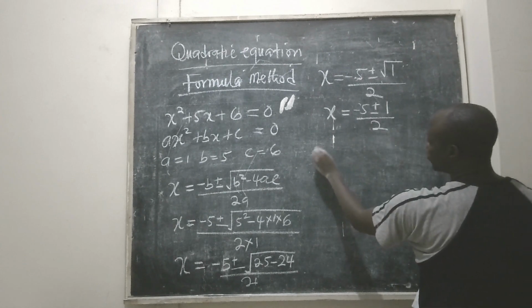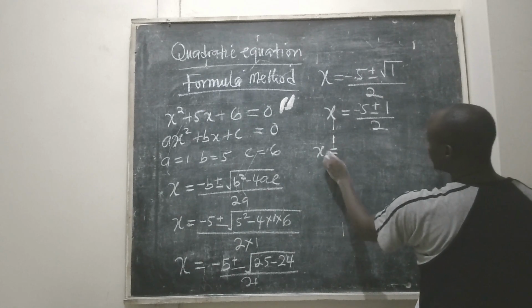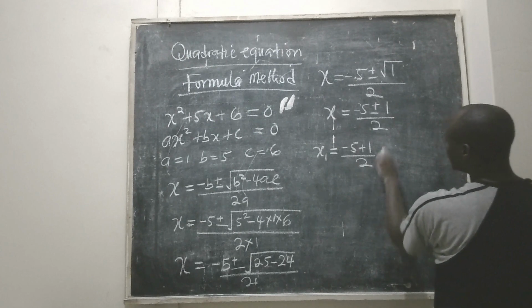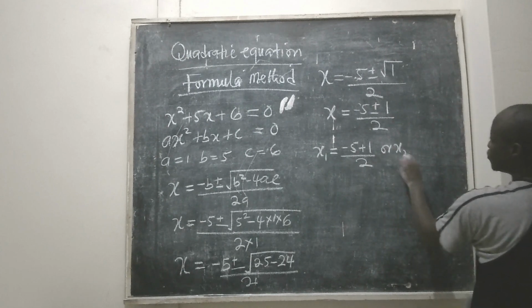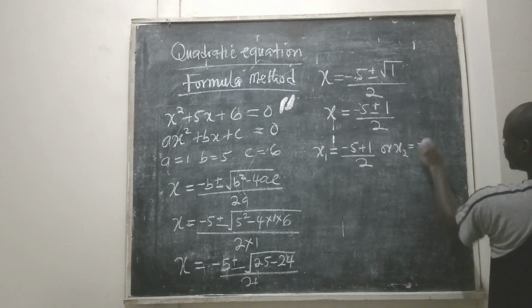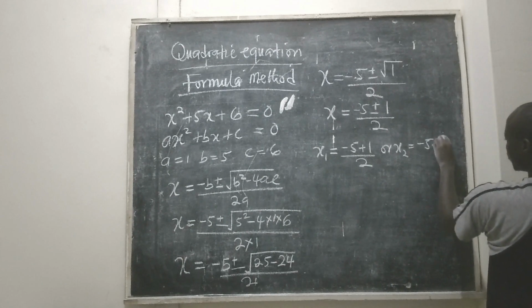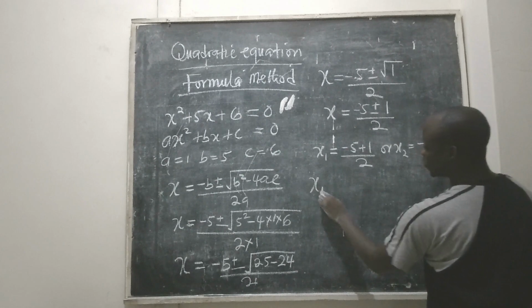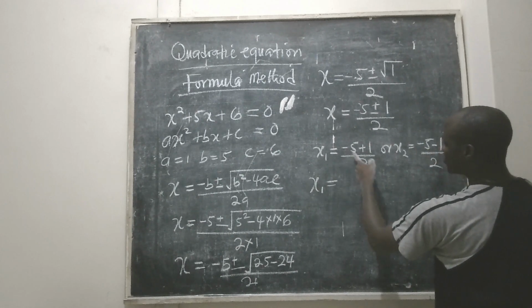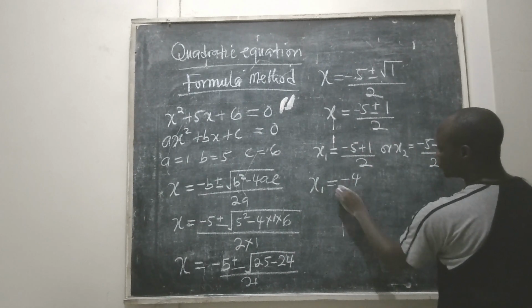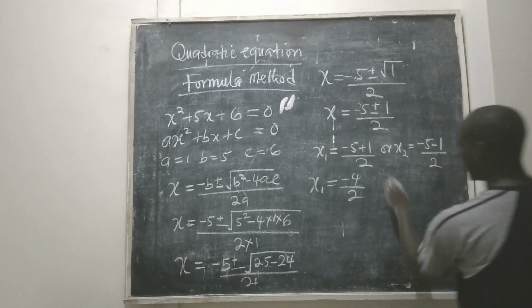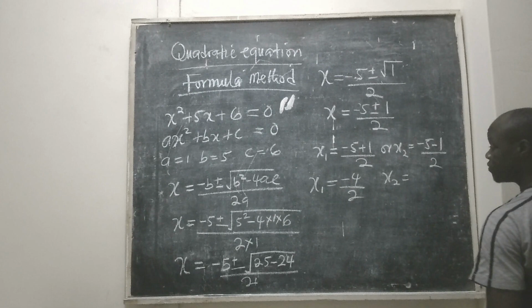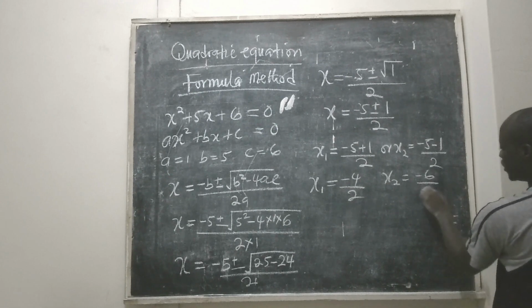So we can now say that x1 is equal to minus 5 plus 1 all over 2, or x2 is equal to minus 5 minus 1 divided by 2. So x1 is minus 4 divided by 2, and x2 is minus 6 divided by 2.